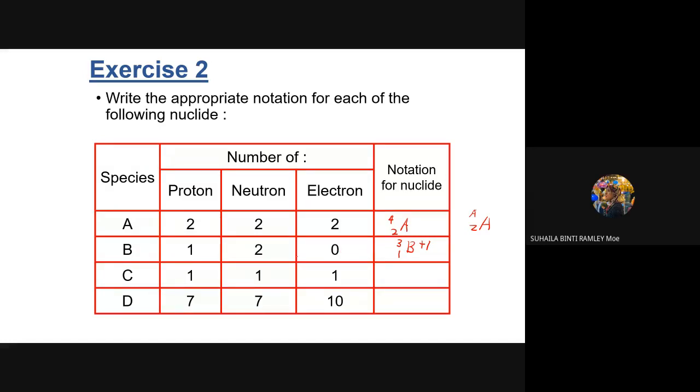Next C: 2, 2, proton 1, no charge. Next D: 14, 7, and charge negative 3.